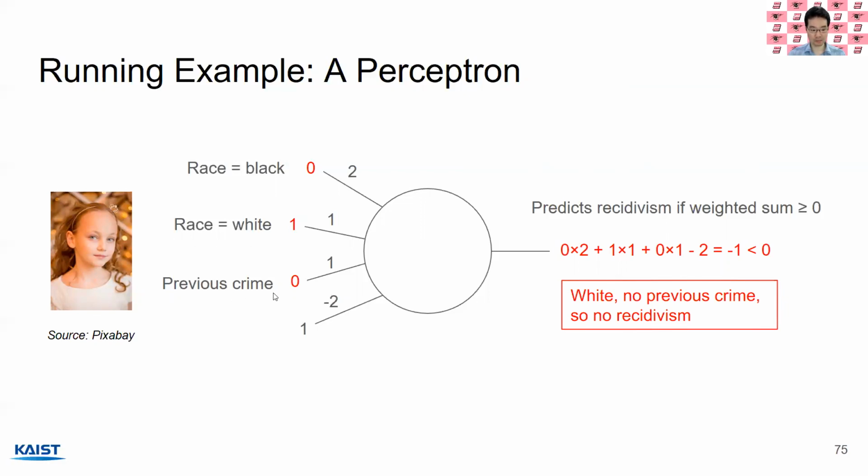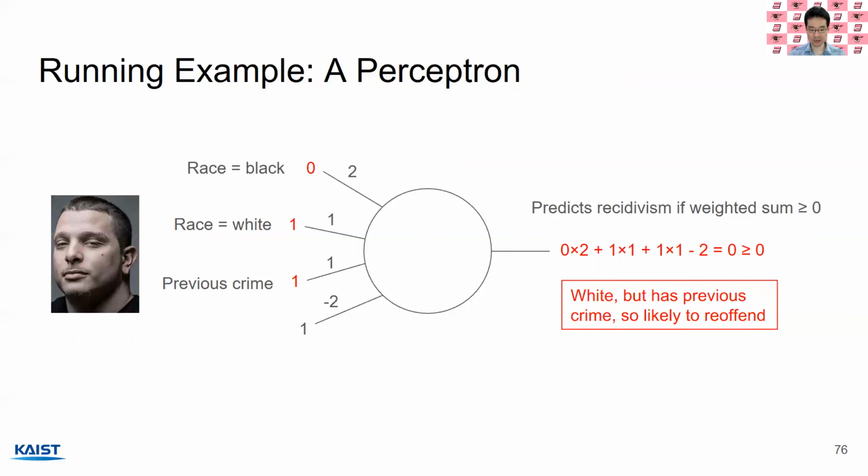Let's say she did not commit a previous crime. In this case, the weighted sum is 0 times 2 plus 1 times 1 plus 0 times 1 minus 2, which is minus 1, a negative number. Therefore, no recidivism is predicted. So the interpretation is that this person is white, has no previous crime, so no recidivism.